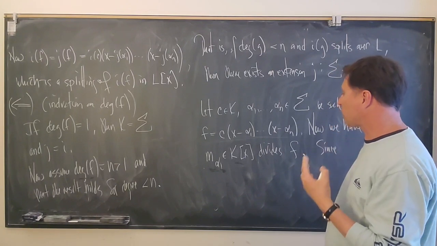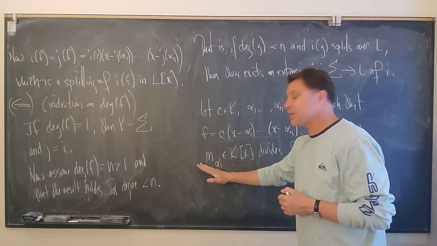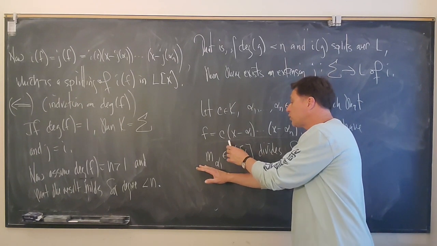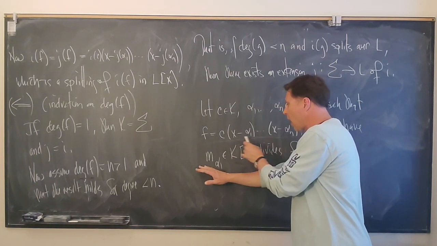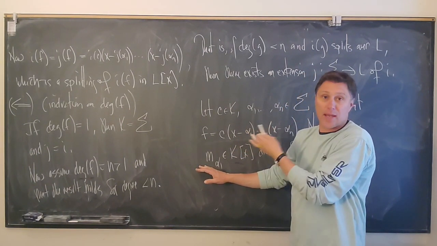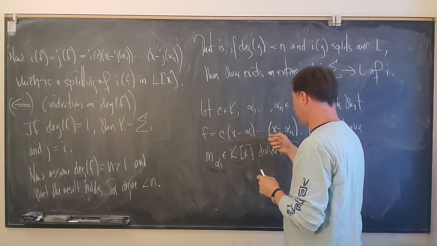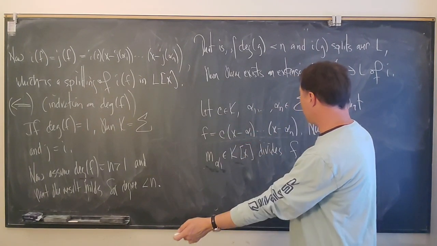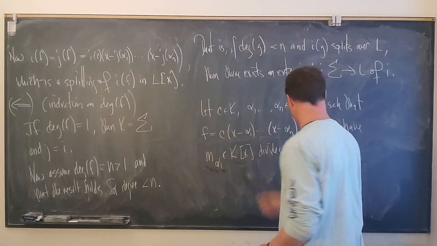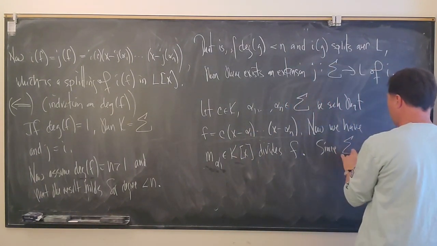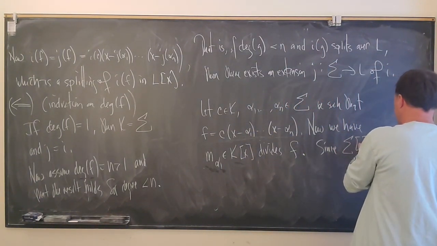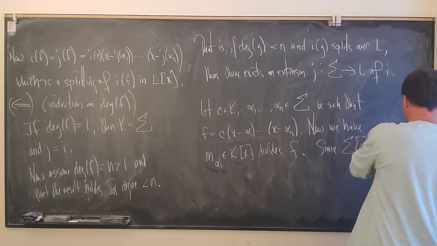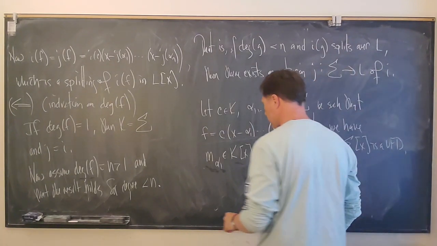The unique factorization is going to tell us that m sub alpha 1 is going to look like a product of some, we don't know how many, of these factors right here.